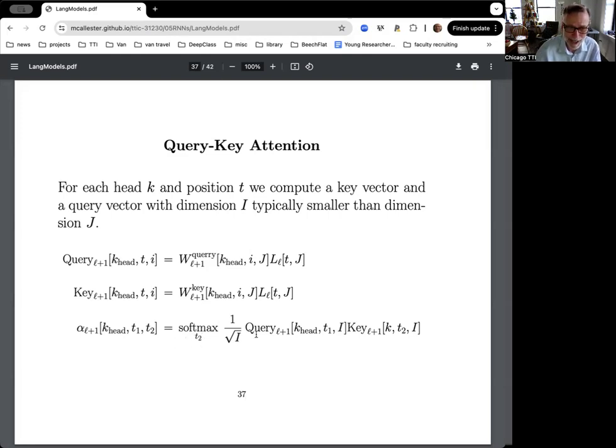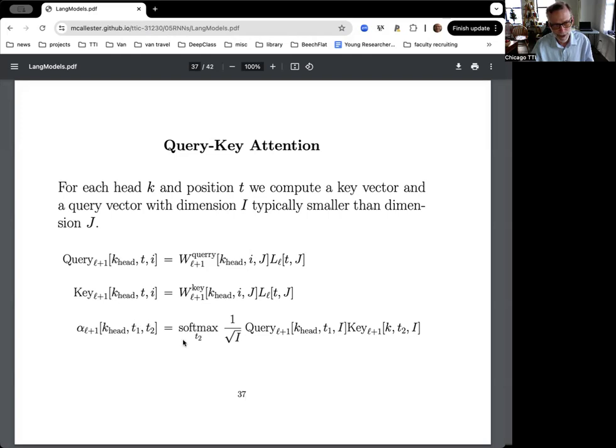There's also a constant that depends on the size of this dimension, one over the square root of that dimension. That's related to weight initialization. Ignore this. Okay, so the attention is a softmax.